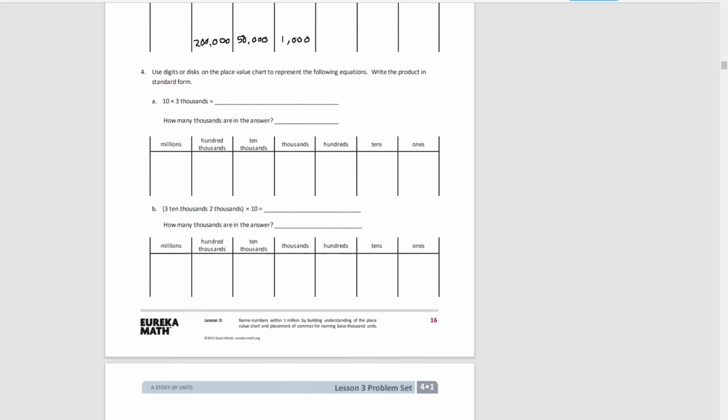Moving on to number 4. It says use digits or discs on the place value chart to represent the following equations and then write the product in standard form. So first we have 10 times 3,000. So let's draw the 3,000s 10 times.